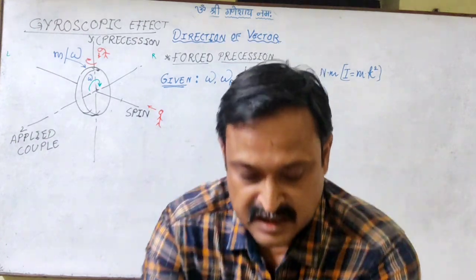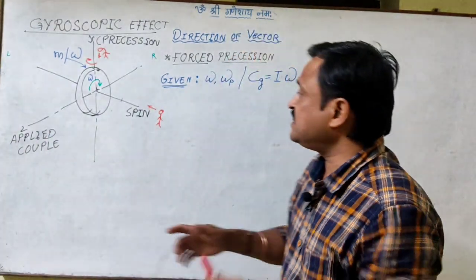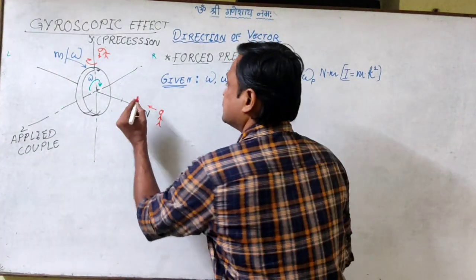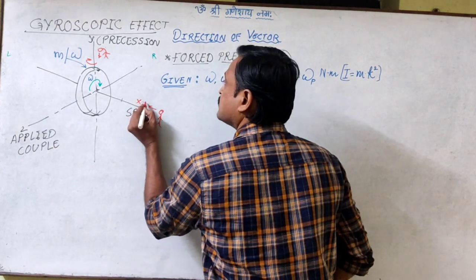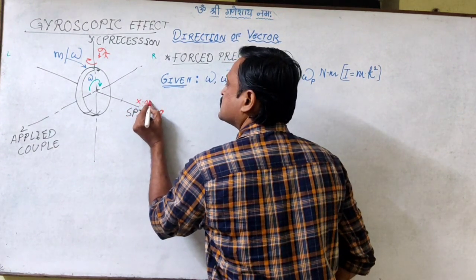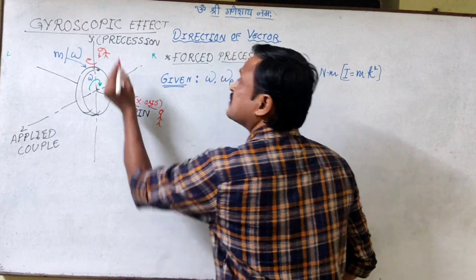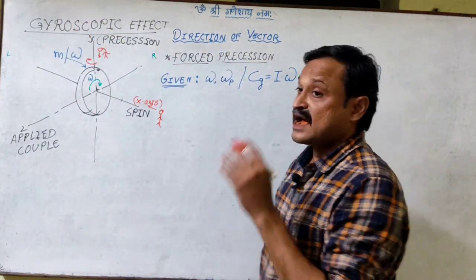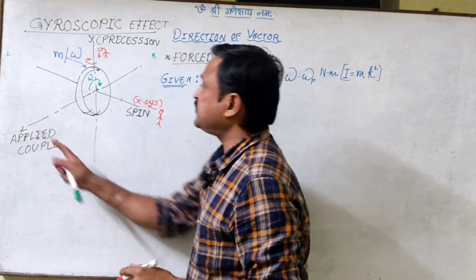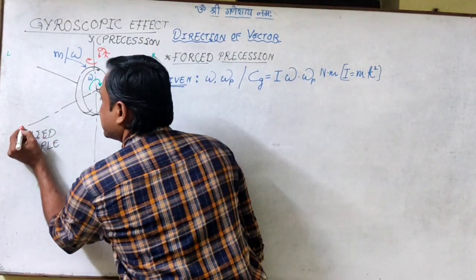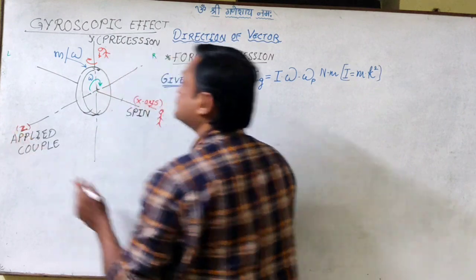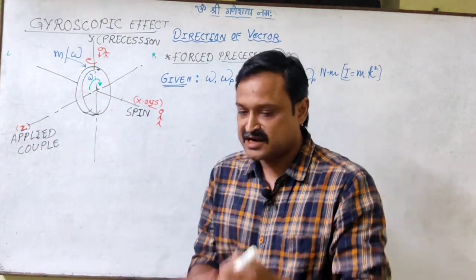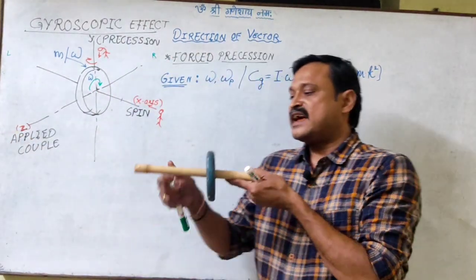So we will take the spin axis as the x-axis. The spin axis is the x-axis and the precession axis is the y-axis, as I have marked, and the applied torque axis is the z-axis.